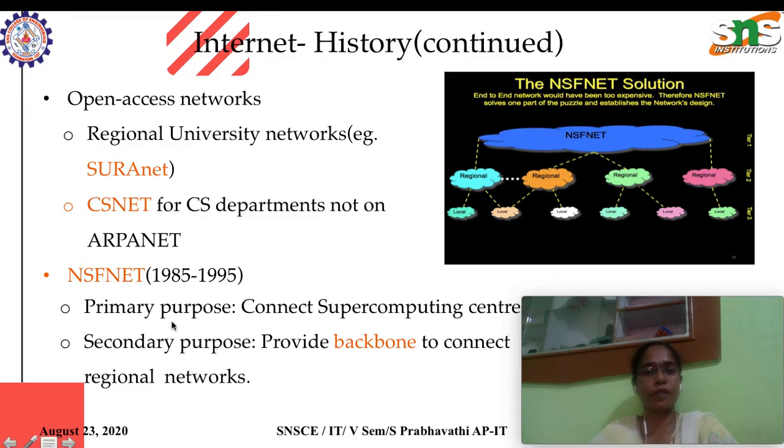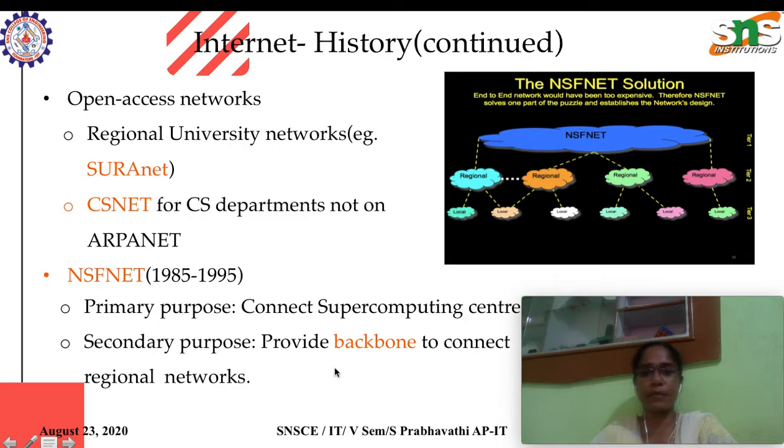So the background for network connectivity is the TCP/IP communication protocol. It is used to communicate host to host, within the local network or between networks also. NSFNET runs under the TCP/IP protocol.